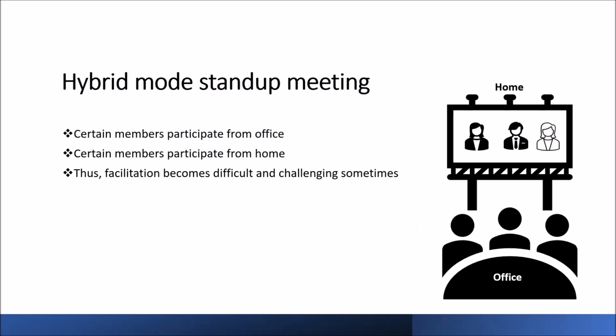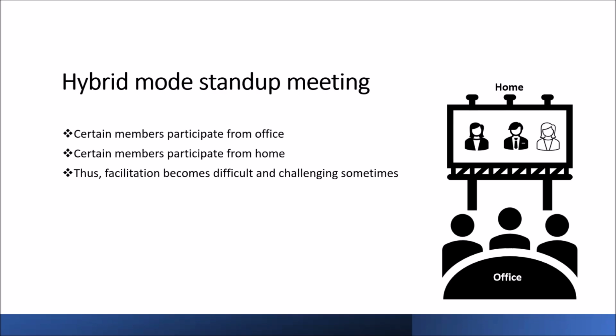That means certain team members attend from office, certain team members attend from a remote location. For example, if you have a 6-member team, 3 members can work from office and 3 members work from home. So when people attend from different locations, facilitating this event becomes more challenging for Scrum Masters.